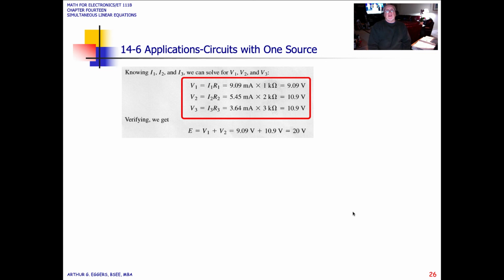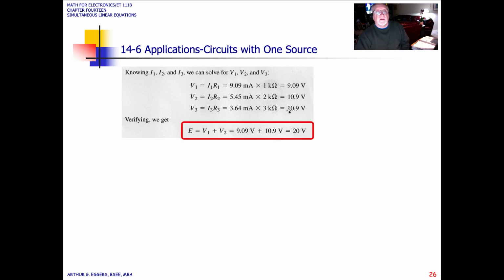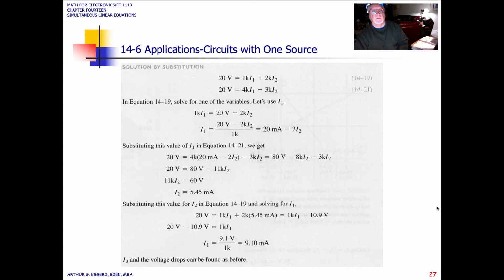In each case we substitute our values: 9.09 milliamps times 1K, 5.45 milliamps times 2K, and 3.64 milliamps times 3K ohms, and we end up with our voltage drops, just as we saw in the first step, 9.09 and 10.9. Verifying, adding them back together, we end up with our source value of 20 volts.